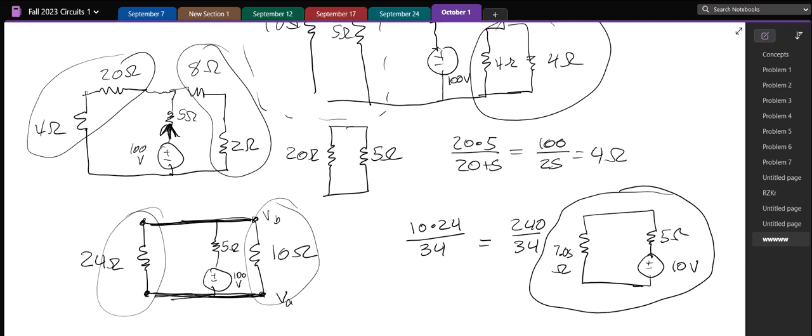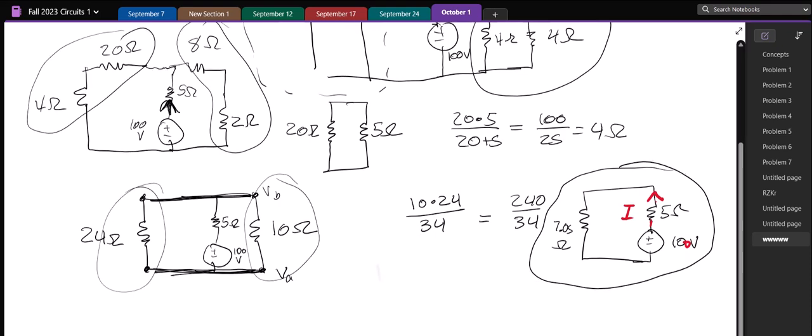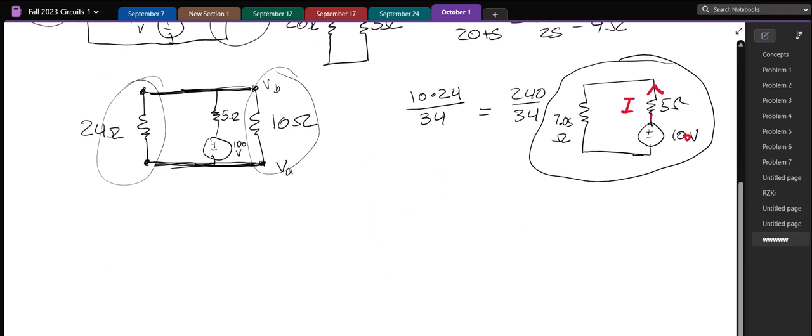And I'm still looking for, I haven't done anything with this middle branch, that's supposed to be 100 volts. With this middle branch, I'm supposed to find the current through. But now, that current is equivalent to the current through a circuit that just has a resistance of 12.05.